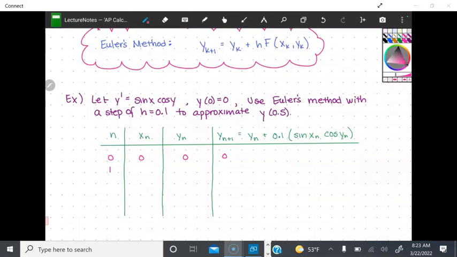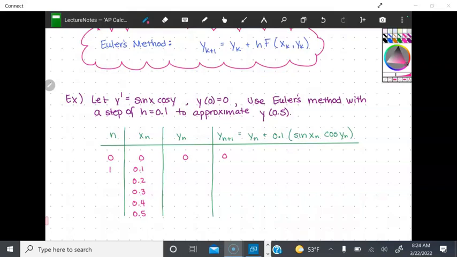In fact, the problem wants us to go all the way up to find y of 0.5. So we're going to let x equal 0.1, 0.2, 0.3, 0.4, and 0.5, and we'll stop there. Whatever the y value is that we get, that's going to be our approximation for y. And we know to go up by 0.1 because that's our step. So that's what the step means.